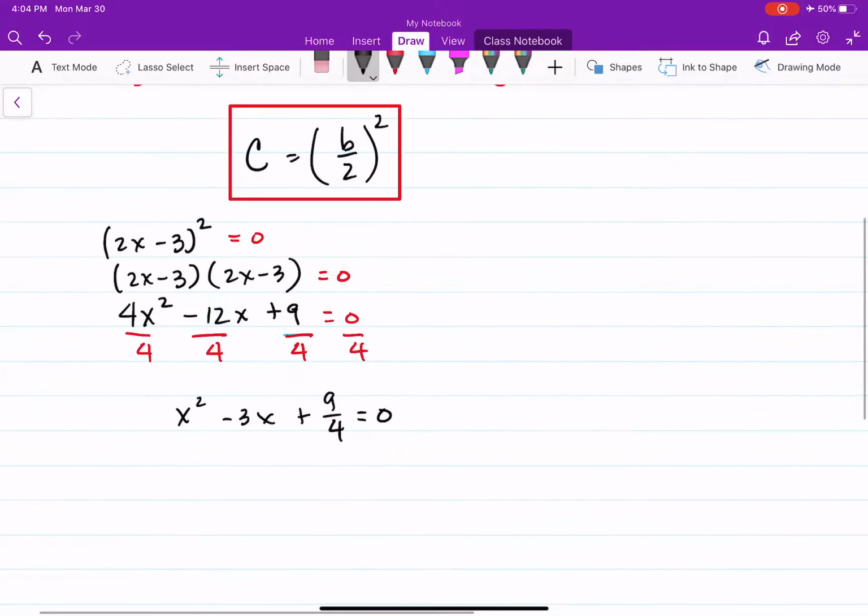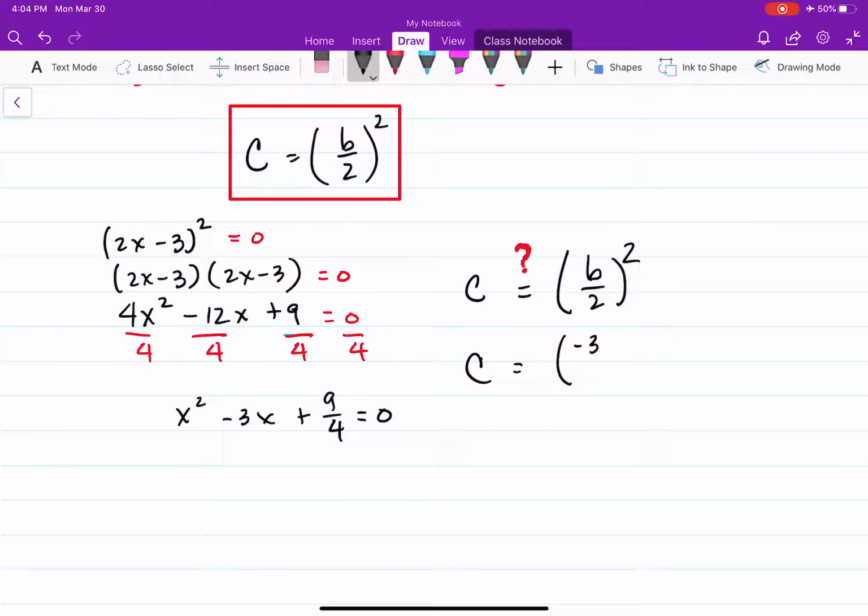So ask yourself, is c equal to the b divided by 2, squared?